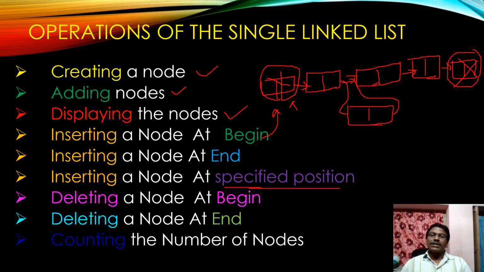The number of nodes is actually 1, 2, 3, 4. That is the counting. These are the main operations of the single linked list.